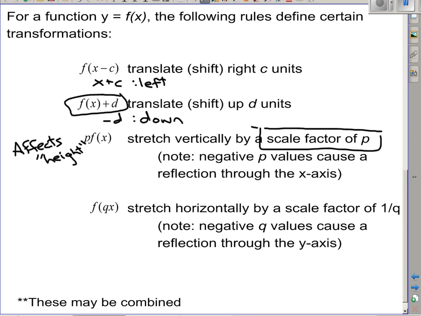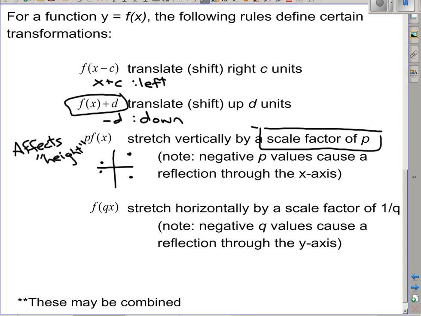But for a given point, it's going to stretch it vertically. You should note that negative p-values cause a reflection through the x-axis. So anything that used to be above the x-axis will now be below, or if it were below, now it'll be above. Okay, that's what a negative in front of the whole function does.